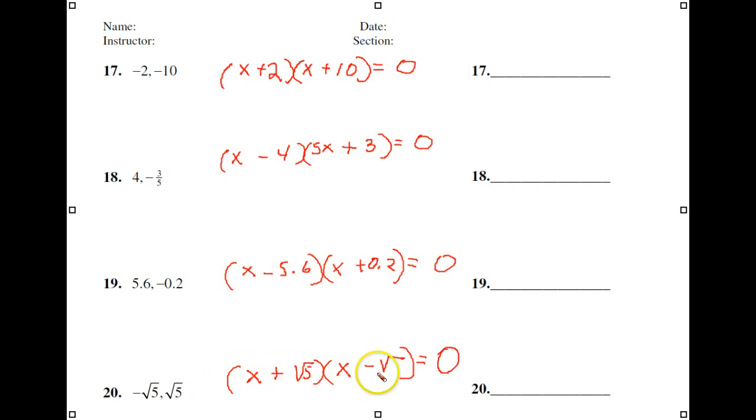And do you notice what you have here? Conjugates. Okay, we'll let you FOIL and see what the original equation was like. I think this part is very interesting as we look more into the quadratic equation.